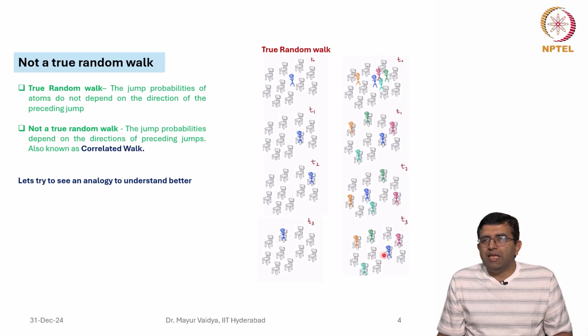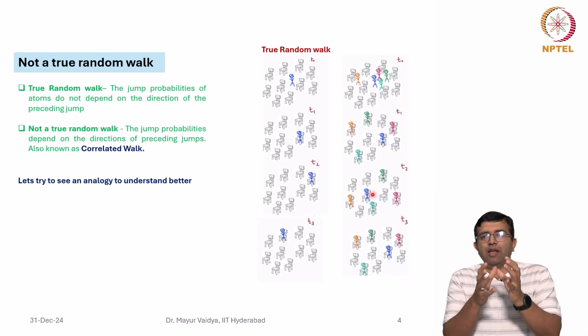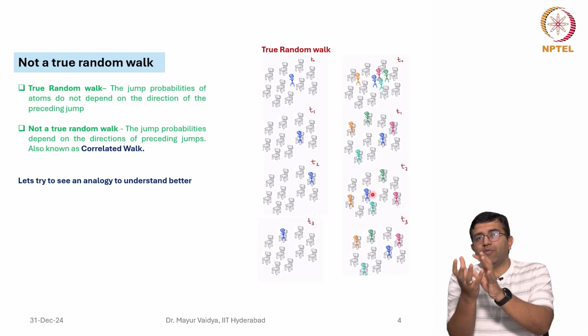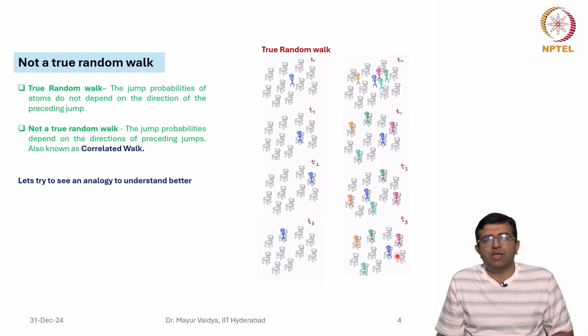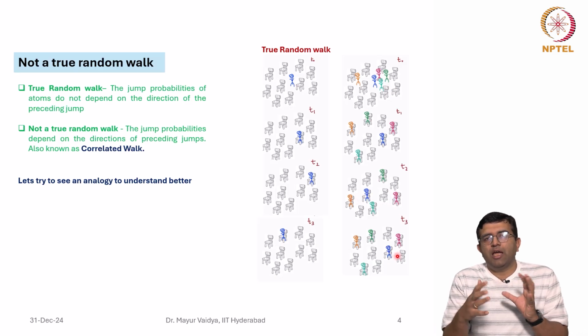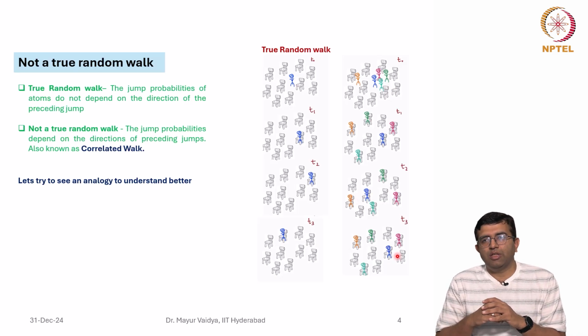So you see that now the direction of the jump here or the direction of the jump here is related to the previous jump. In the previous jump, he has vacated this chair. So he is very likely to occupy this chair again, so that he continues exchanging the position with the vacant chair.